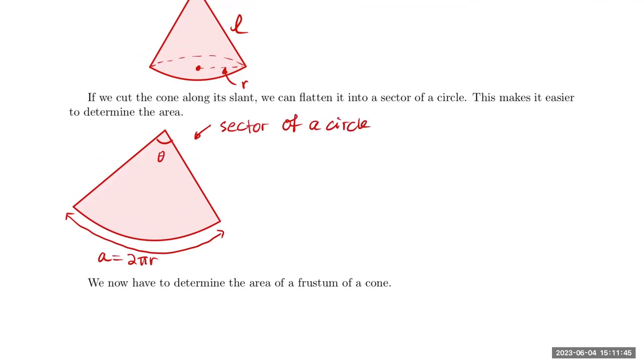And we know that the area here is just going to be the total area of the circle times the angle theta divided by 2 pi. Now the theta here is going to be the fraction of the circle.